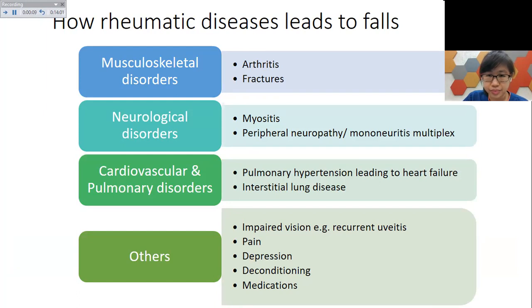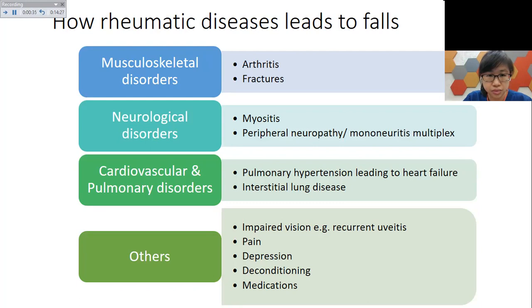Firstly, musculoskeletal disorders such as arthritis and fractures can lead to falls. Neurological disorders such as myositis, peripheral neuropathy, or mononeuritis multiplex can also lead to falls. Next, cardiovascular disorders such as pulmonary hypertension leading to heart failure can also lead to falls.